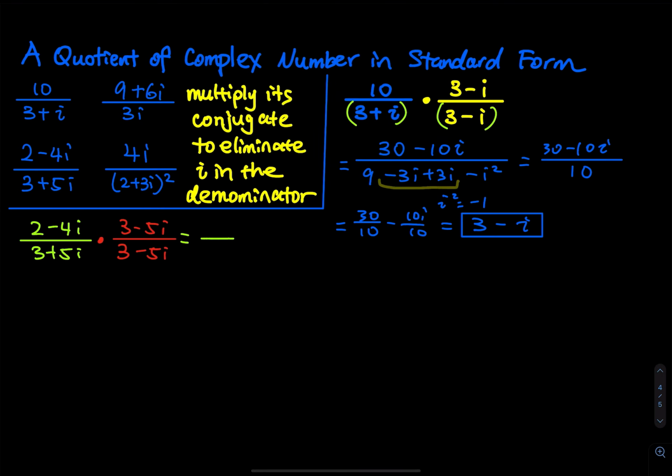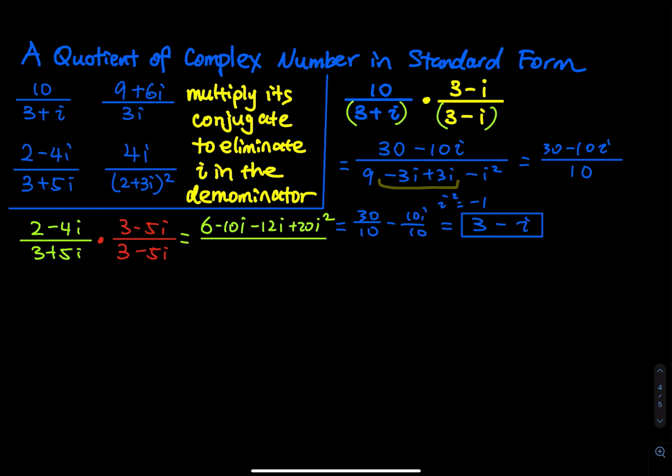Okay, what's on top? The top is 2 times 3, which is 6. And then 2 times minus 5i is minus 10i, negative 4i times 3 is negative 12i, negative 4 times negative 5 is 20, and then you have an i squared.